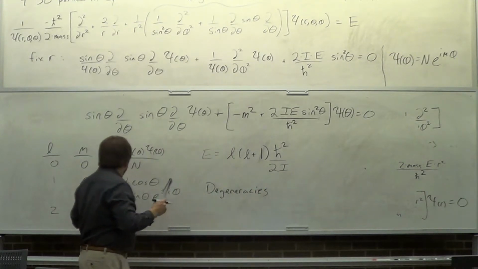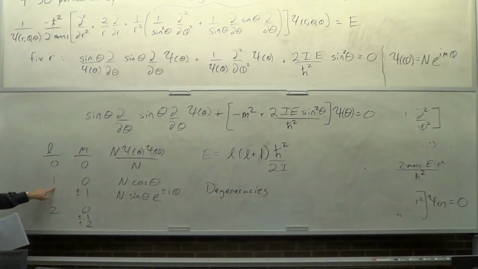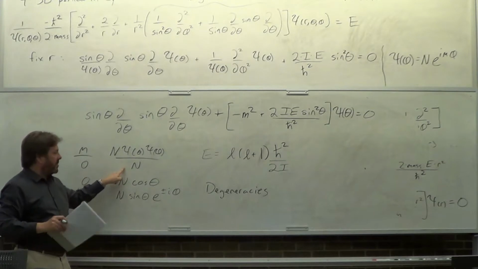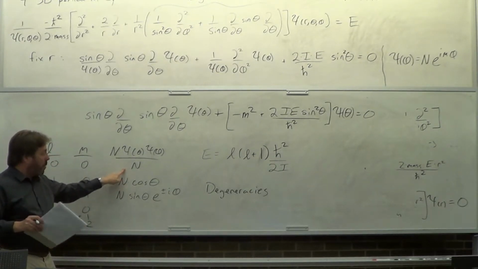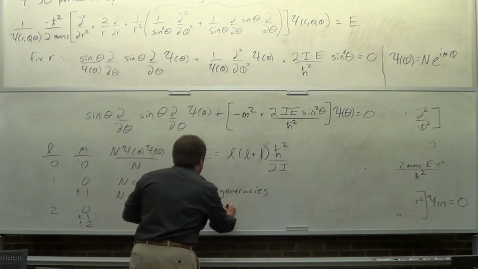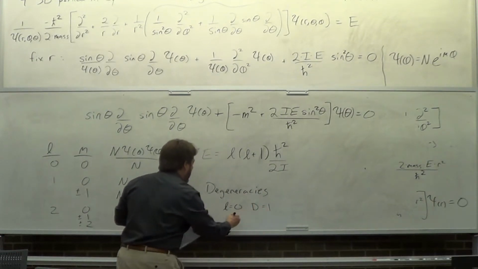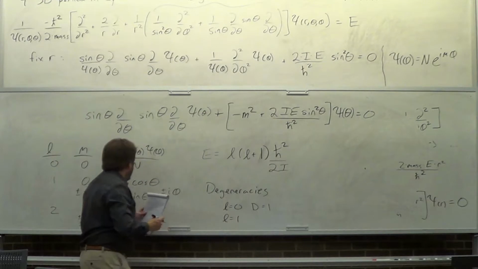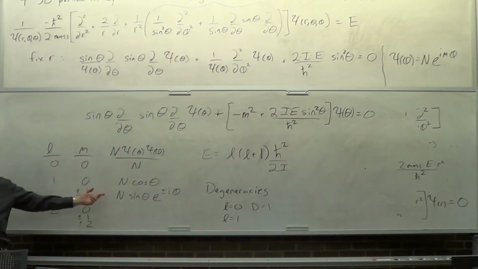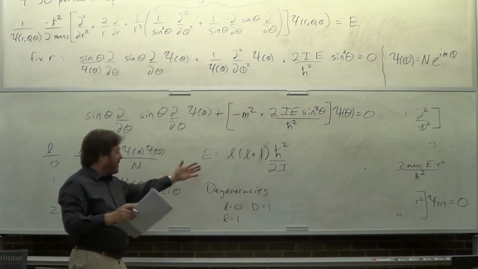You can see degeneracies in here, because the energy only depends on L. If L is 0, there's only one wave function, so there's only one energy, and that's a degeneracy of 1. There's only one answer. If L equals 1, I can see that there's 3 wave functions, and they would all have the same energy.